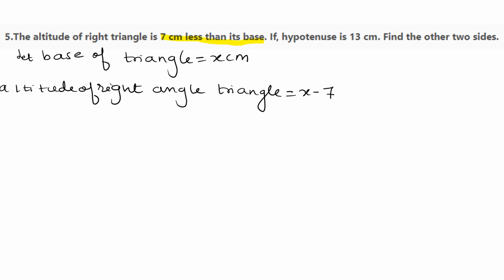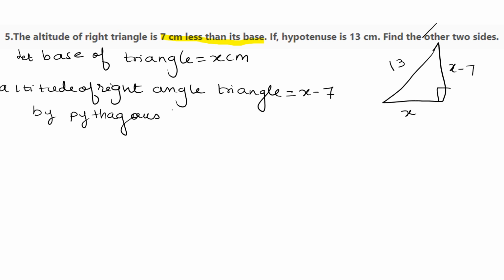So now see, one right angle triangle is given to you, base is x, height is x minus 7 and hypotenuse is 13. So by Pythagoras theorem you can write, hypotenuse square is equal to height square plus base square.